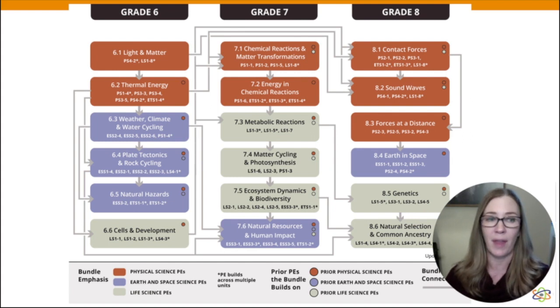And then we build upon that in the next unit for thermal energy. And you can see these lines connect the units. So this thermal energy unit will then be referenced and referred back to in cells and their development. It'll also refer, if you follow the line, back into contact forces. So these ideas are built upon and spiraled as we hit all of the elements of the DCIs by the end of 8th grade.